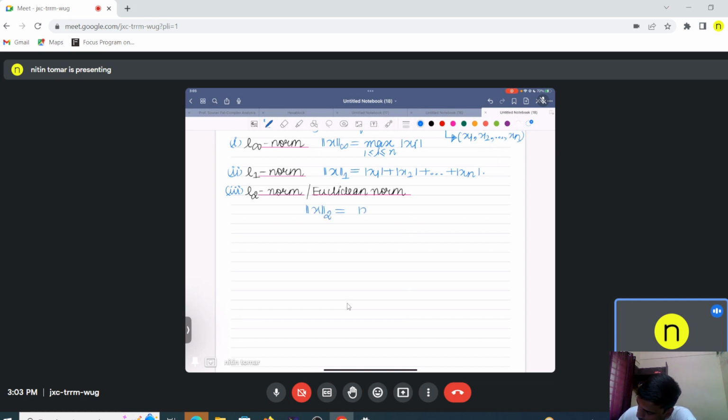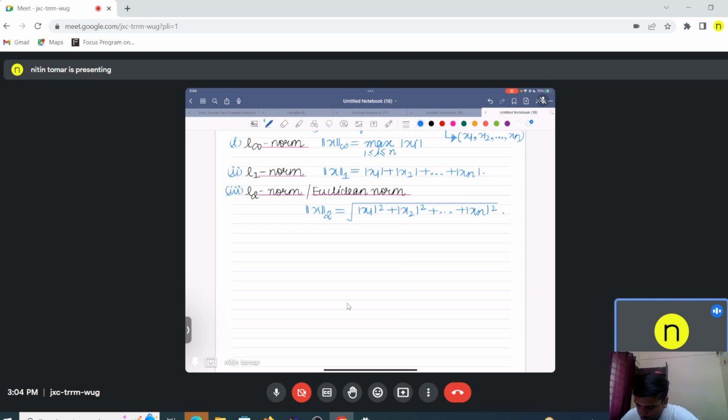You take the square of the absolute value of each coordinate of x, and then you take a square root, and this was your L2 norm.